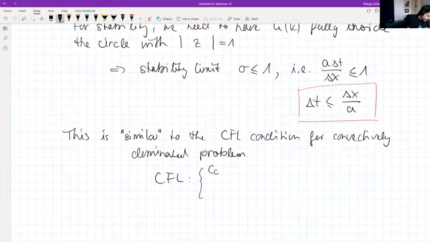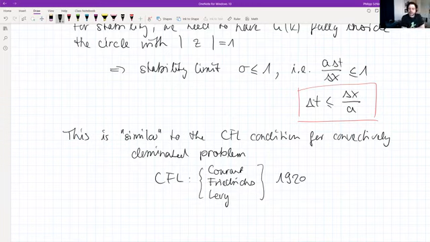Courant as one person, F comes from Friedrichs, and L comes from Levy. And they did that in a, I would say, groundbreaking paper in 1920 when they introduced exactly this issue of the time step being limited by delta x and the convection speed. However, they did it in a slightly different way, which we will look at later on as well.